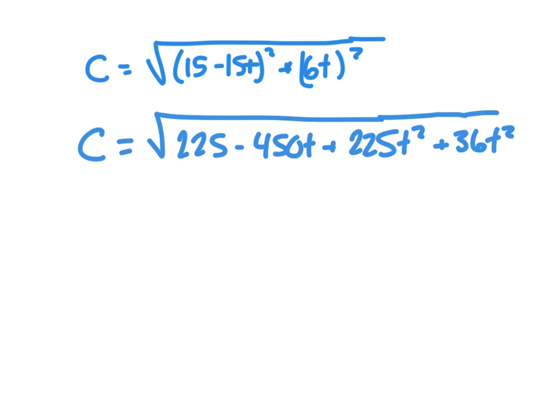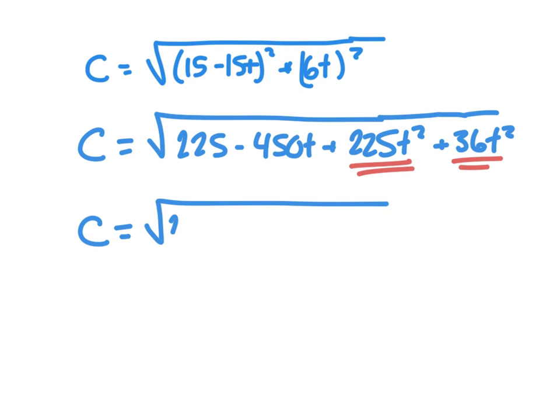And these are like terms. So we have the function c equals the square root of 225 minus 450t plus 261t squared. We need to take the derivative c prime so we can find our critical points.